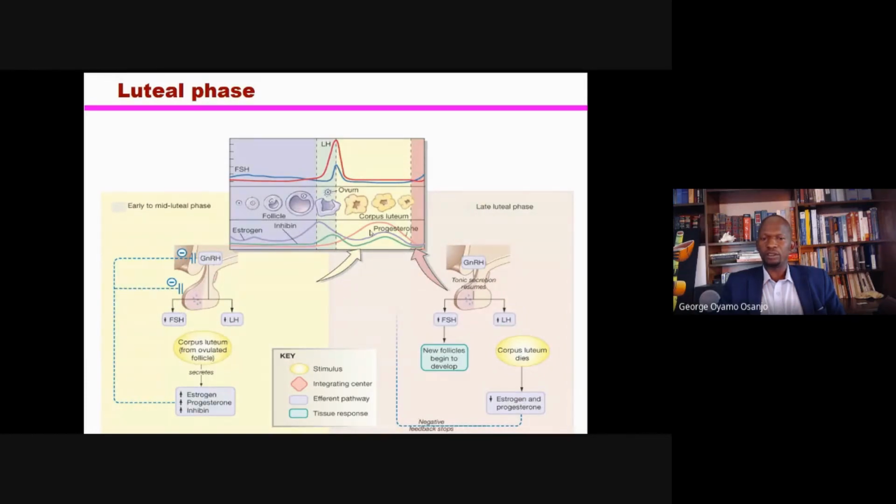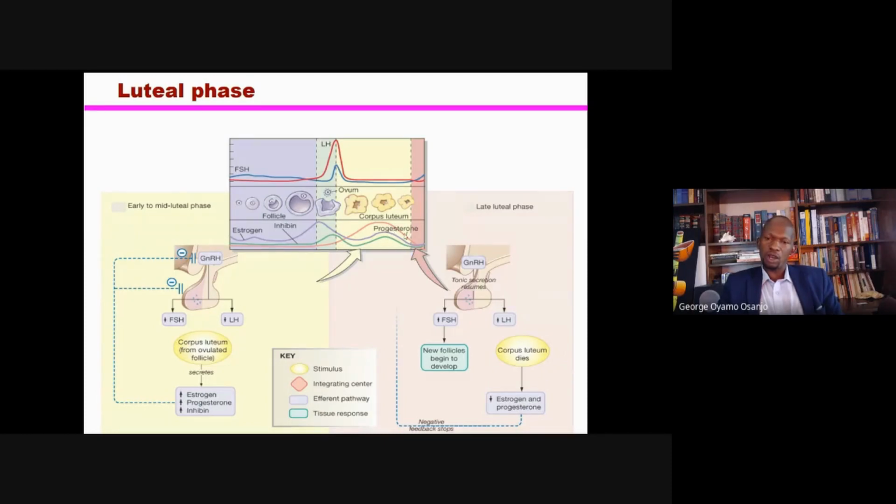So with the low levels of FSH and the diminishing levels of progesterone, we have already indicated the effect of the diminishing level of progesterone. The low levels of progesterone will trigger menstrual flow because of ischemia of the endometrium.